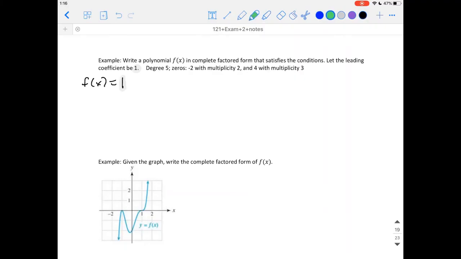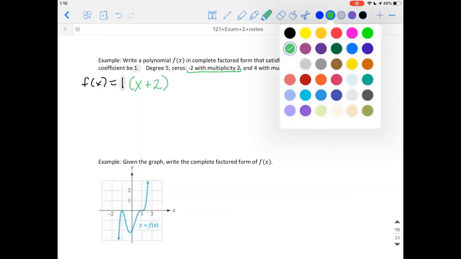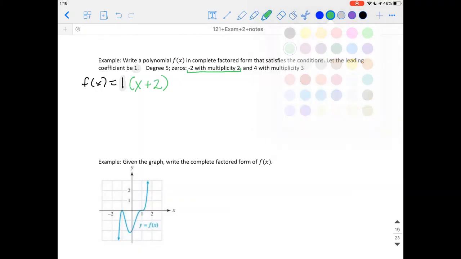And let's see. So for this first one, we have one of the zeros is a -2 with a multiplicity of 2. Okay, so then that means that my factor is going to be x plus 2. And where did I get the plus 2? This -2 right here is this plus 2 right there.